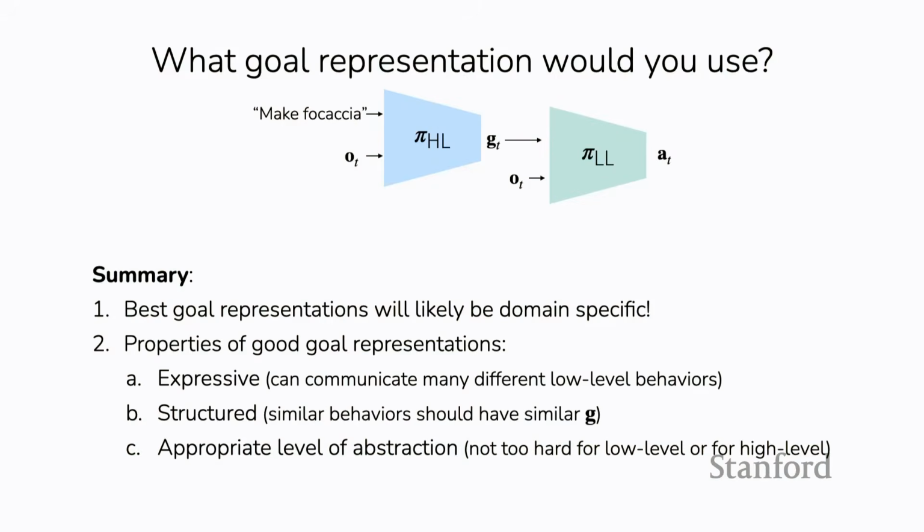And then the third thing is picking an appropriate level of abstraction. For the biking task, for example, you can have a level of abstraction that's potentially too low level. So you could have something like the exact pedal velocity for the next second.